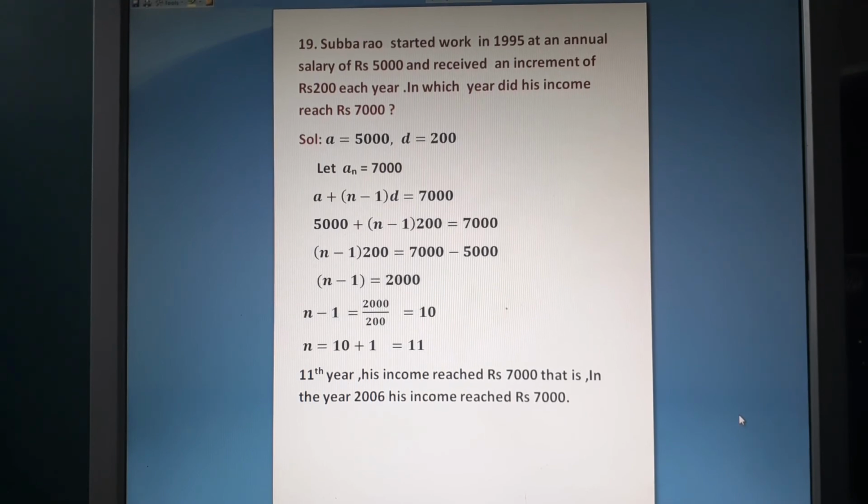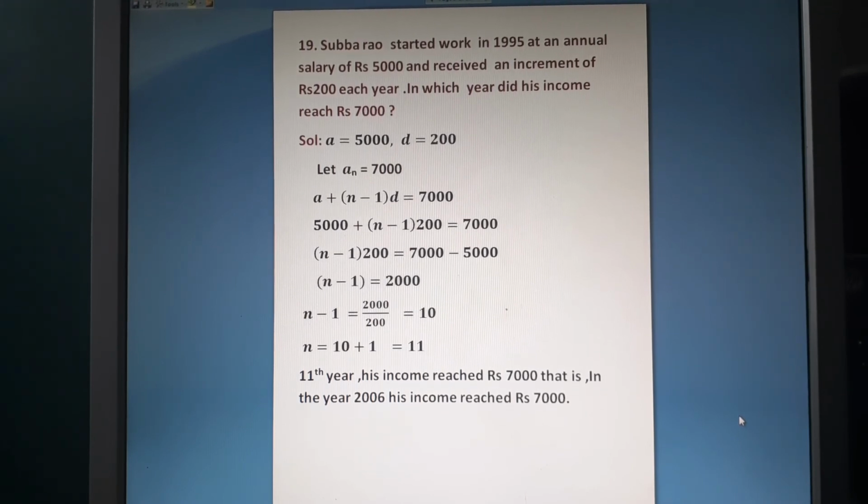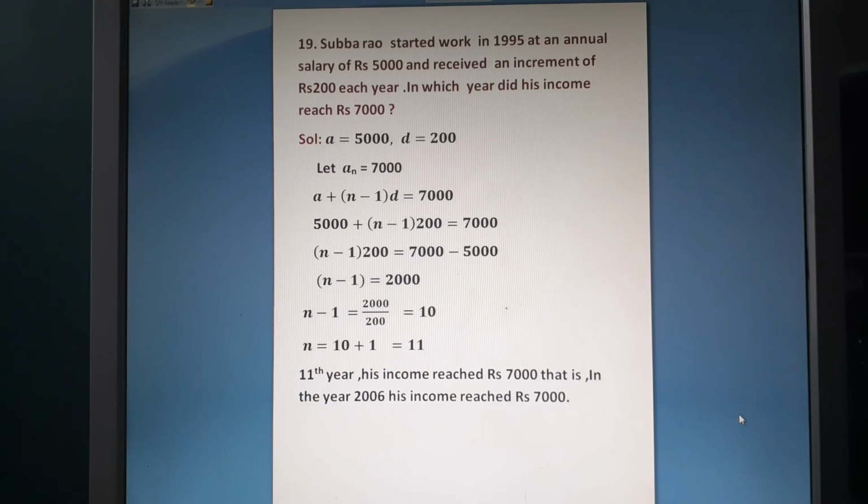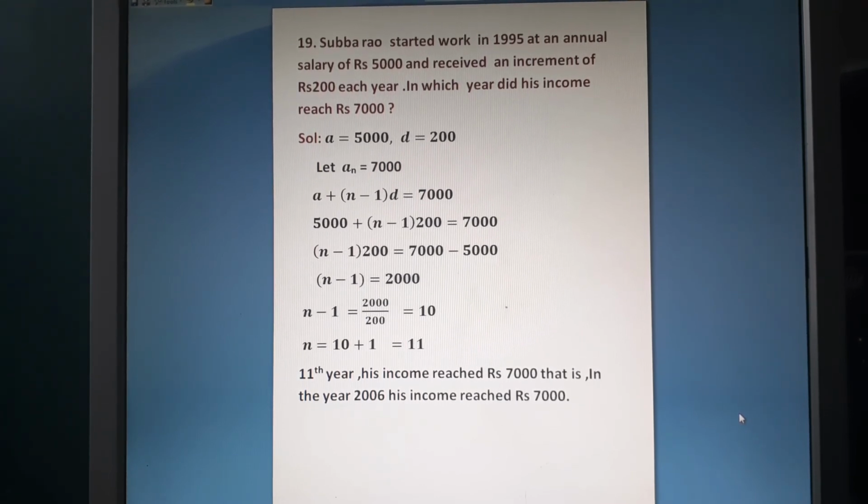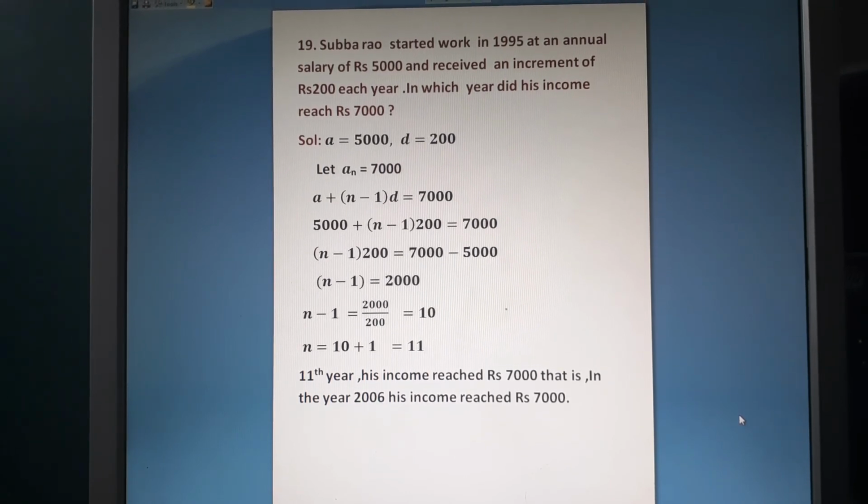Solution. A is equal to 5,000 because Subbarao's starting salary is rupees 5,000. So, here A is equal to 5,000. Every year the increment is rupees 200. So, D is equal to 200.